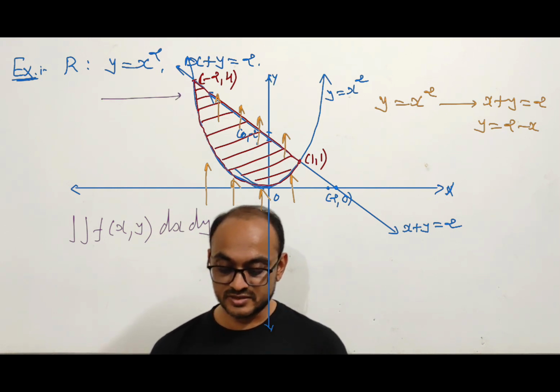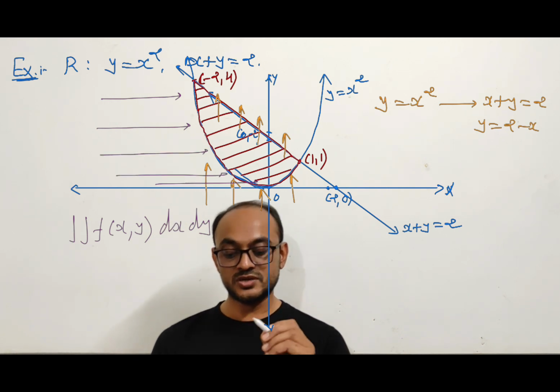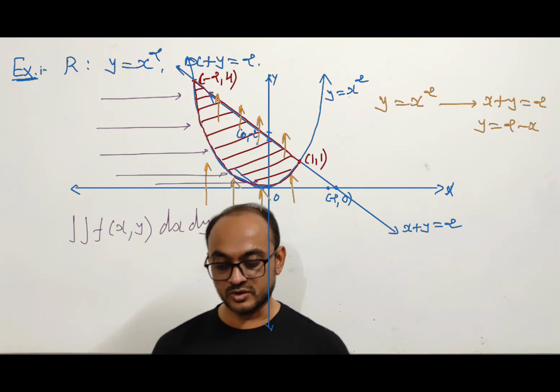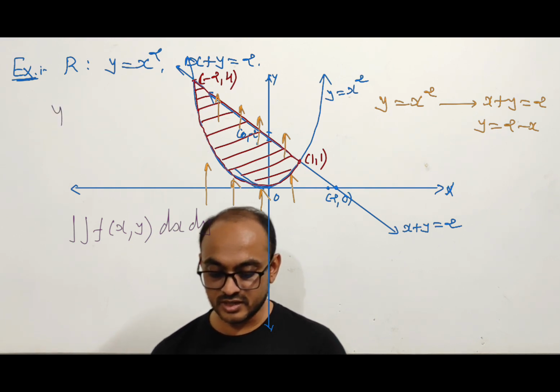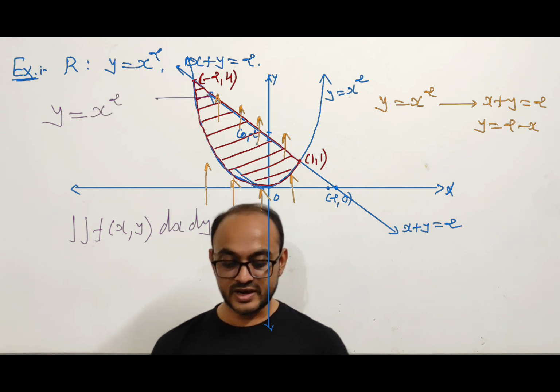This is the left side. We are entering the region from which curve? We are entering from the curve y is equal to x squared. So our entry is y is equal to x squared.